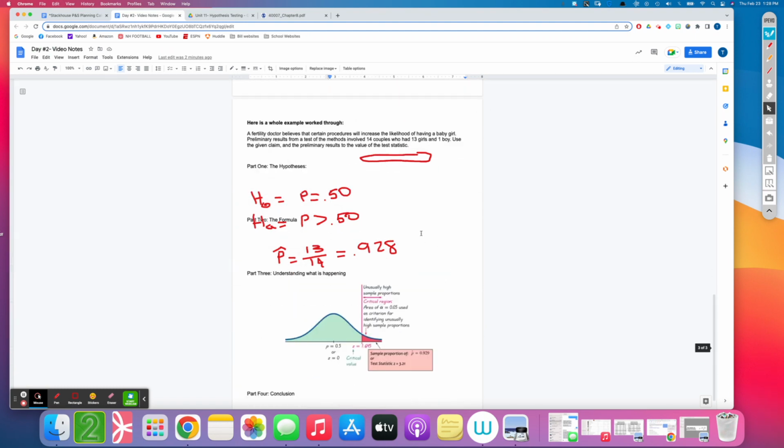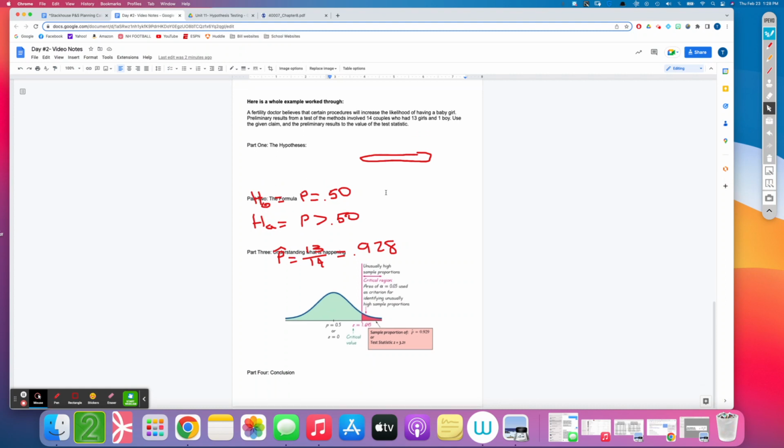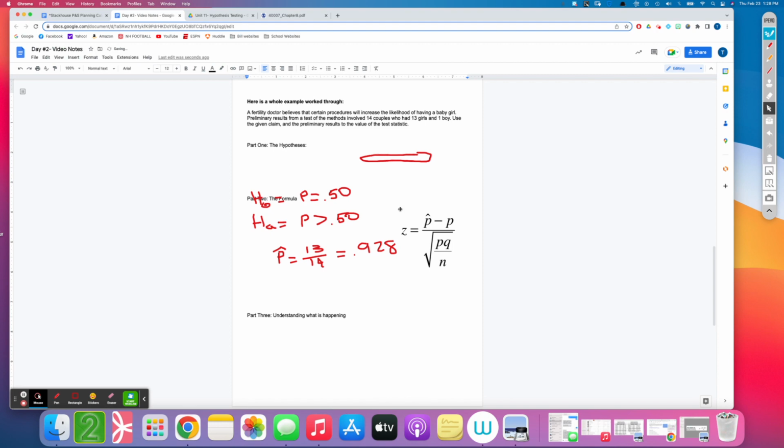I'm going to put it over here just so we can see it a little bit better. All right, let's plug it in and see what we get. Our z-score is equal to 0.928 minus 0.50, all over the square root of 0.50 times 0.50, all over the sample size, which was 14.